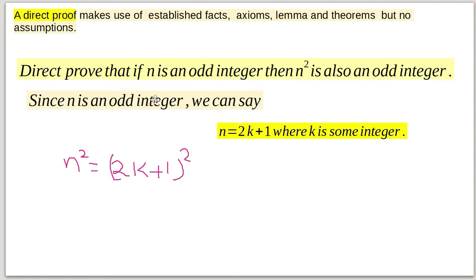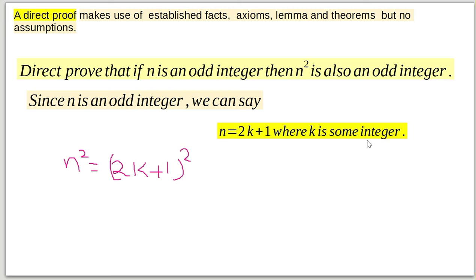Since n is an odd integer, we can say that n is equal to 2k plus 1, where 2k is an even number, and if you add 1 to an even number, it becomes an odd number, and where k is some integer.